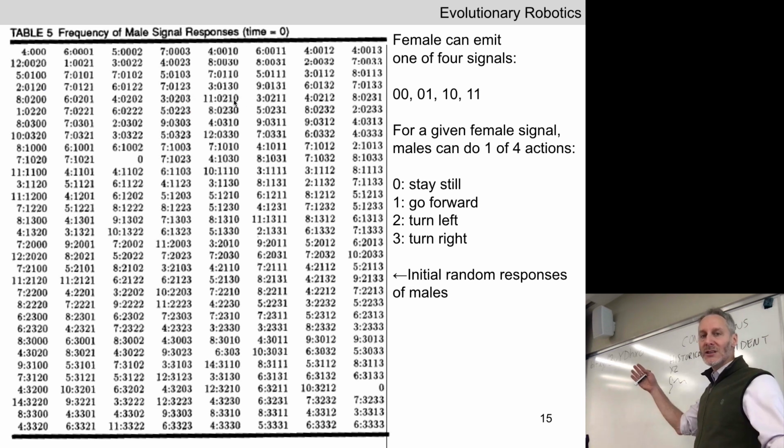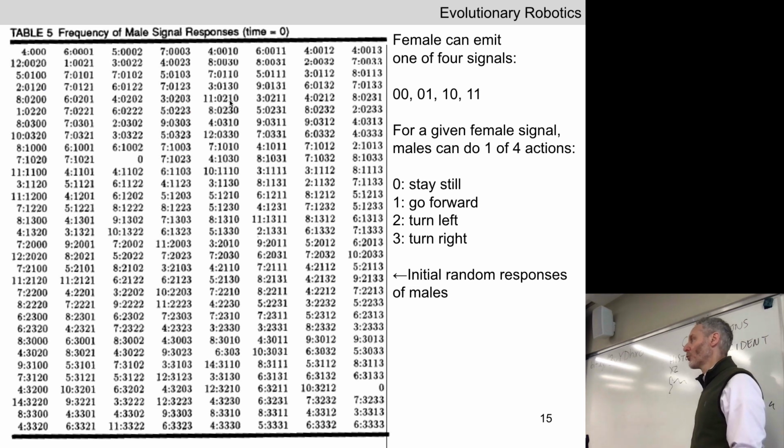So in this first time step, there were 11 males that did this distribution of things when they heard those 4 female songs. There were 6 males that stood still whenever they heard the first of the 3 songs and went forward when they heard the 4th song.